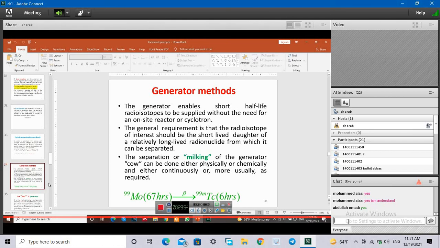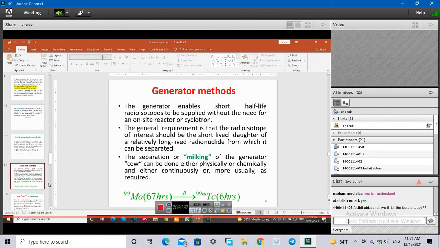To solve this problem, generators were created. In fact, a generator enables us to produce radionuclides with very short half-life without the need for an on-site reactor or cyclotron, without having a reactor or cyclotron near our hospital.